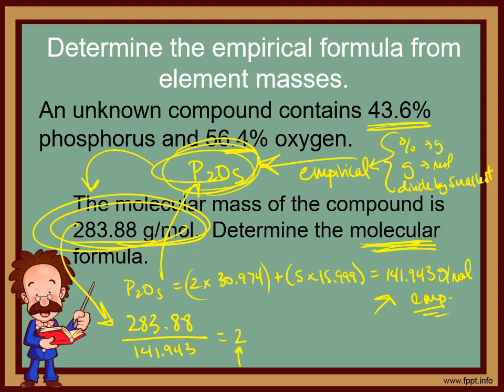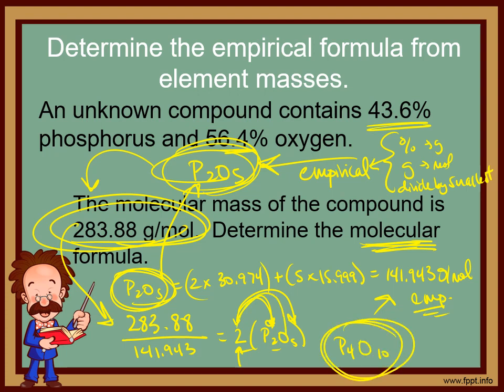So that means our scale factor is 2. I'm going to multiply all of the subscripts from the empirical formula by that scale factor of 2. P, 2 times 2 is 4. 2 times 5 is O10. So our molecular formula is P4O10. Our empirical formula was P2O5.